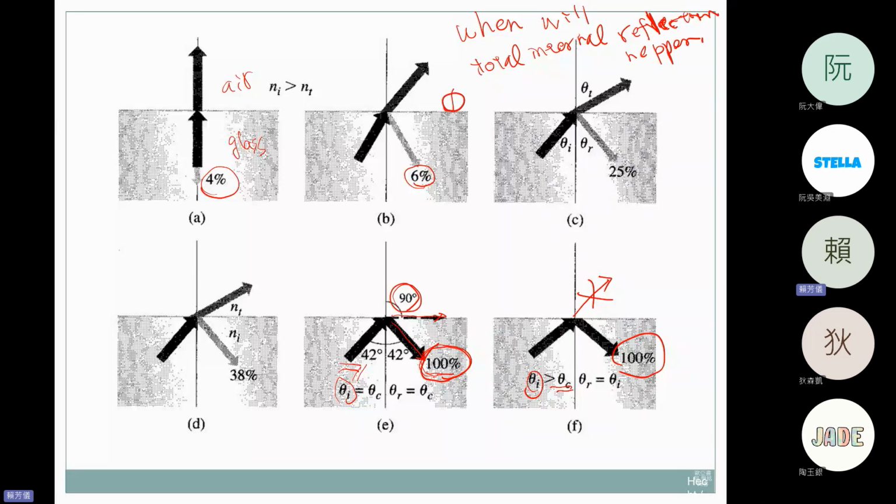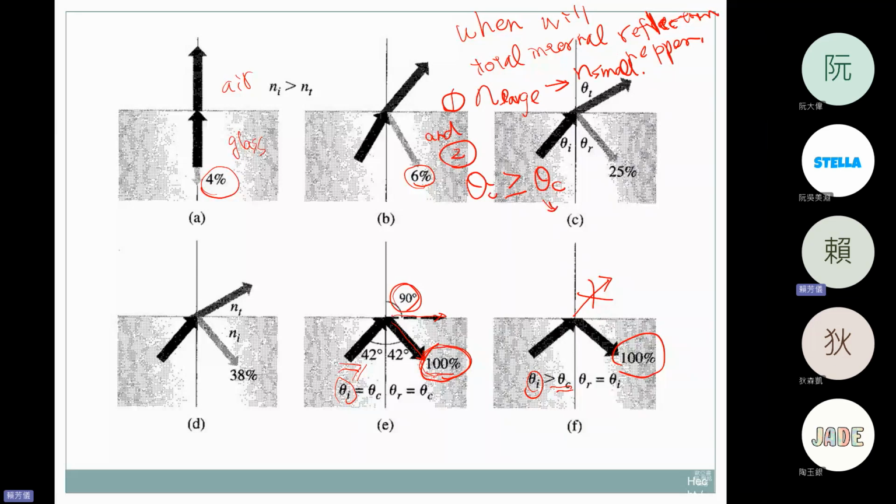The first condition is that the light should travel from the n large to the n small. And the incident angle should be larger than or equal to the critical angle.